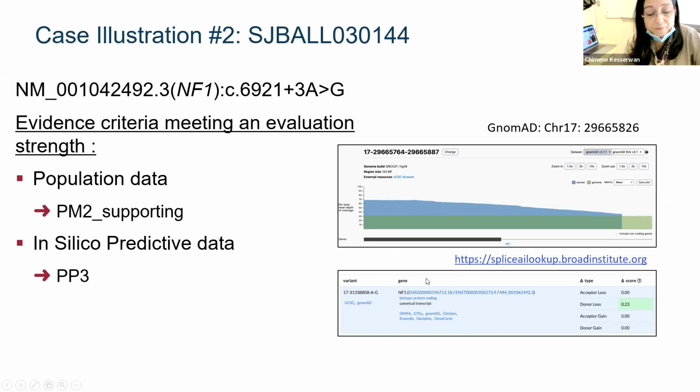And so I put in the genomic coordinate for this variant, and it gave me probably causing donor loss. But here I bring to your attention that for this NF1 variant, we do not yet have a variant curation expert panel.